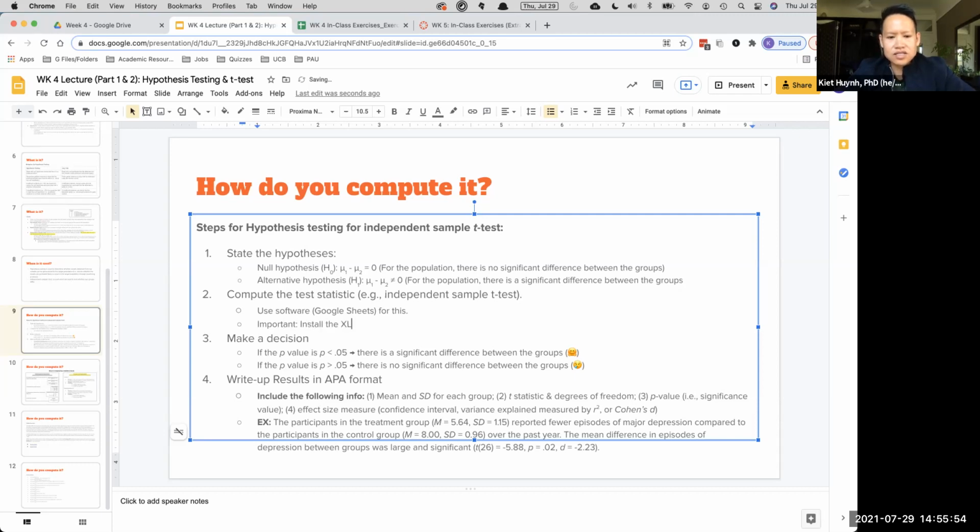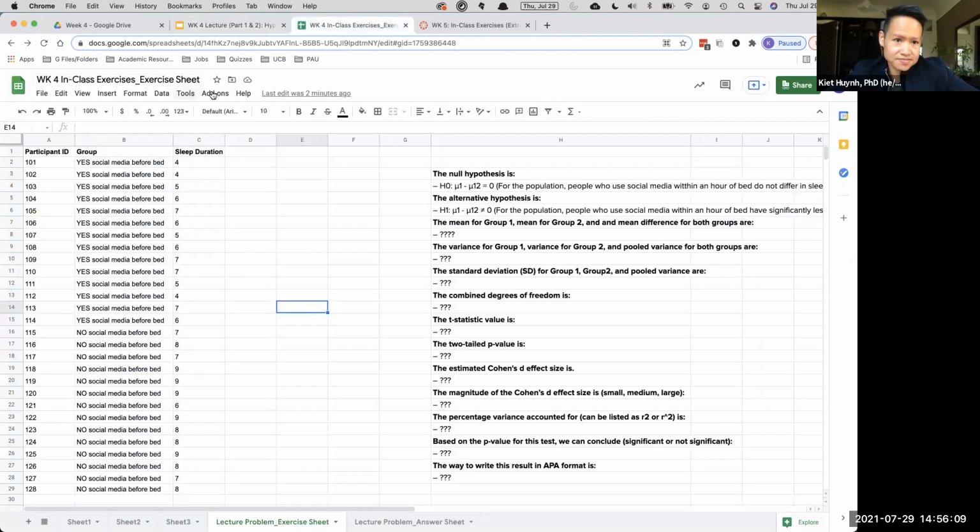The XLMiner Analysis Toolpack, Google Sheet. You see the spelling is right. XLMiner Analysis Toolpack.